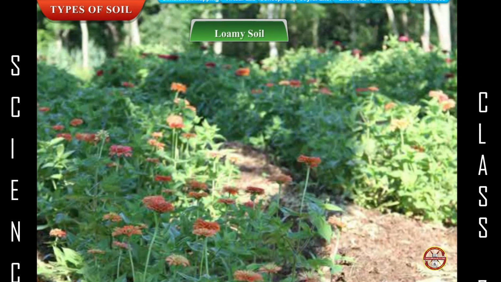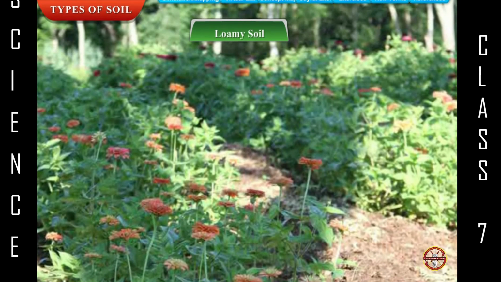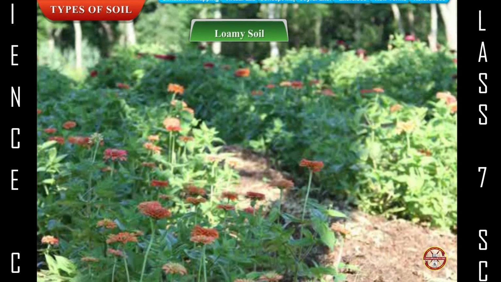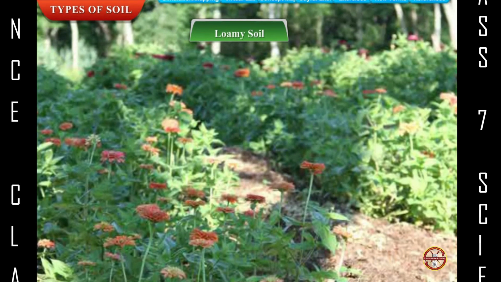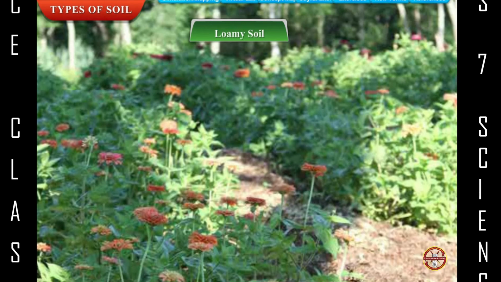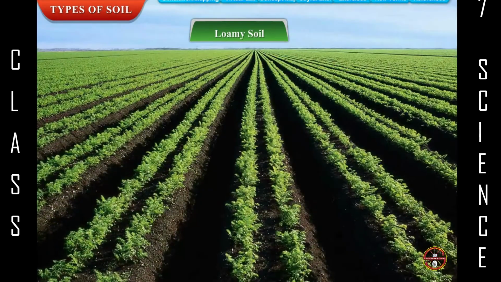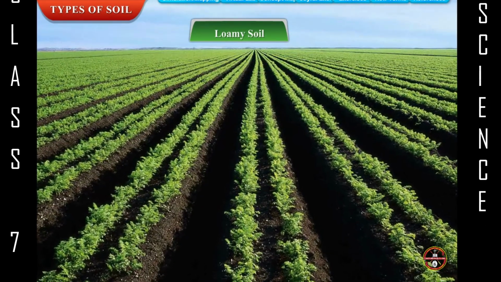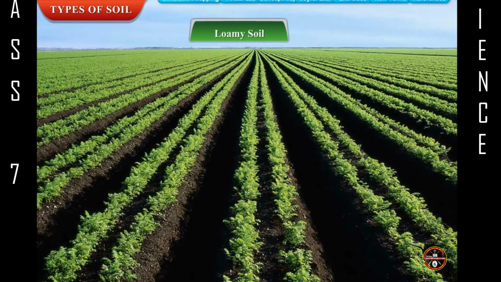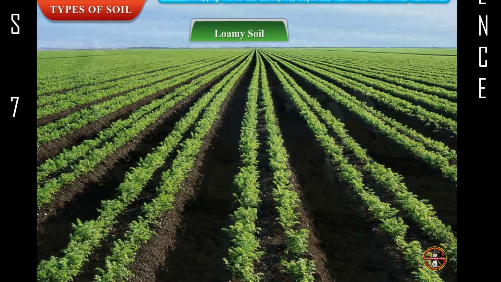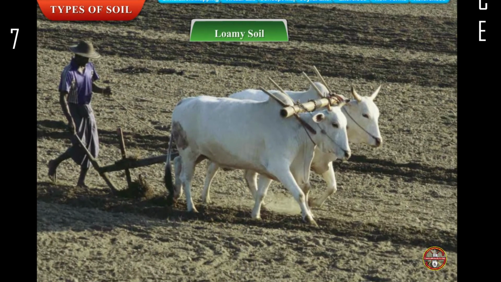Loamy soil has adequate air spaces between its particles to hold sufficient air needed by plant roots due to the presence of sand in it. Loamy soil contains sufficient amount of humus to provide necessary nutrients for the growing plants. Loamy soil can be plowed easily in the crop field.